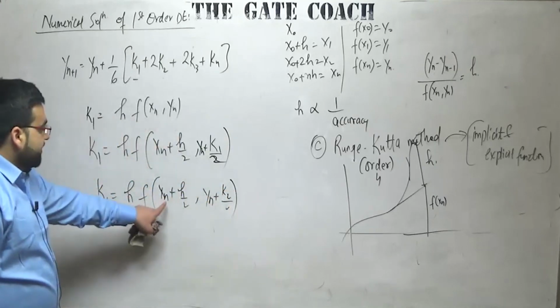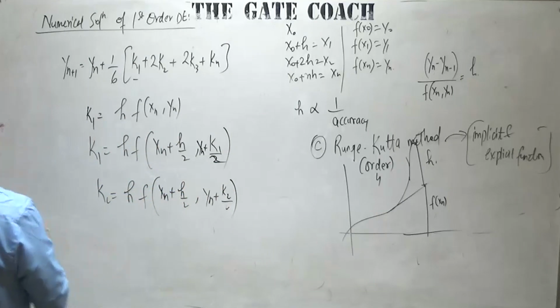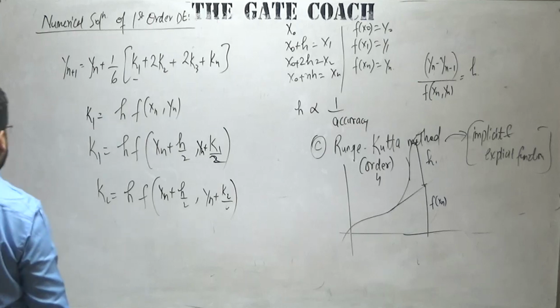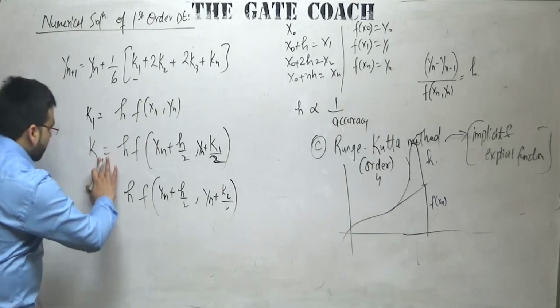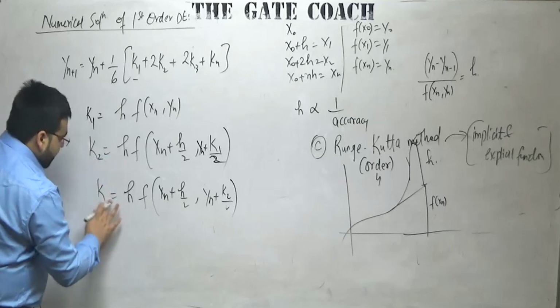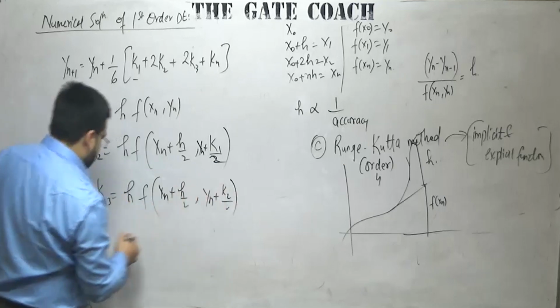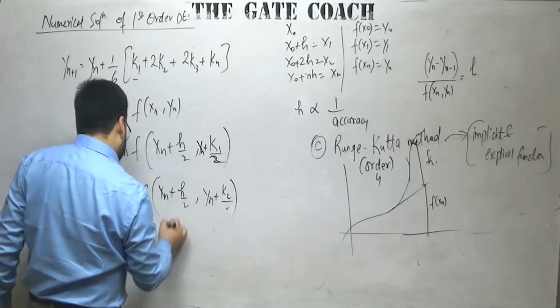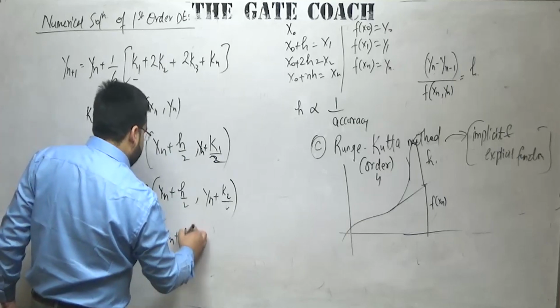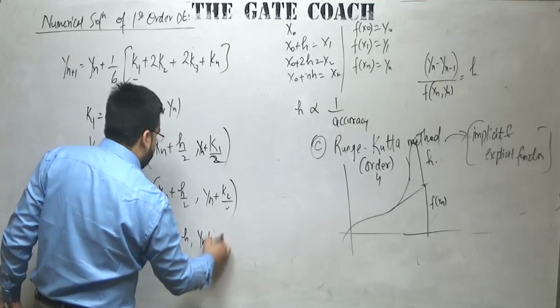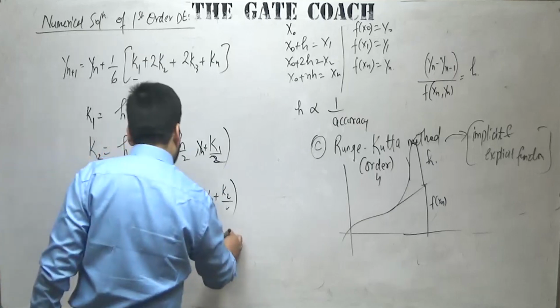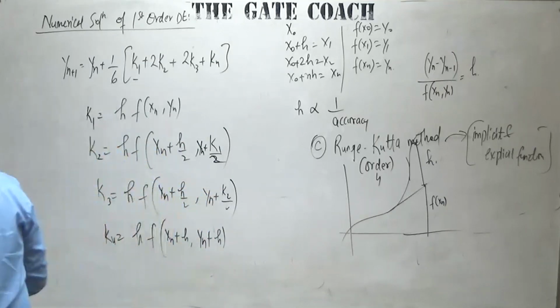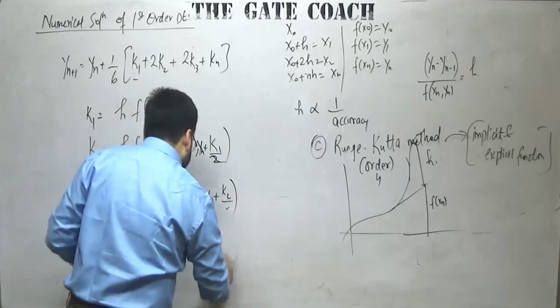And for the next, it will be xn plus h. So k4 will be h f of xn plus h, comma, yn plus k3.